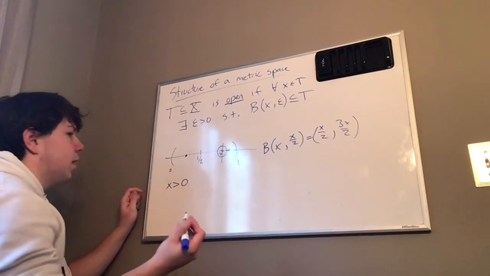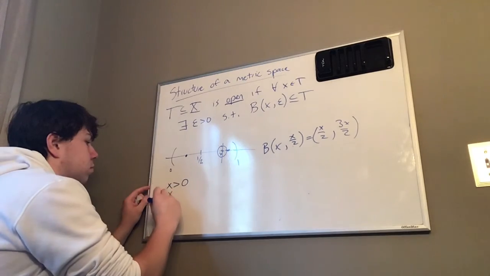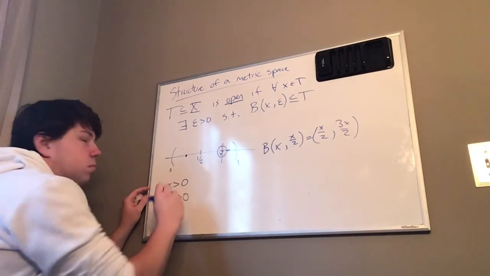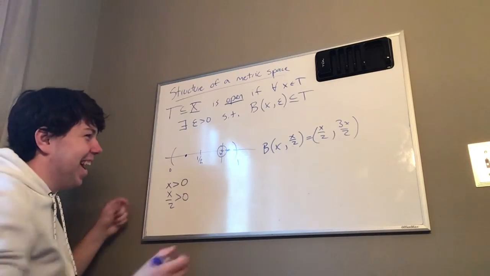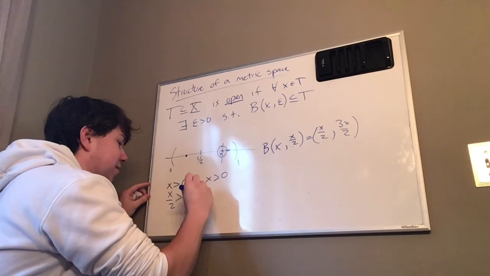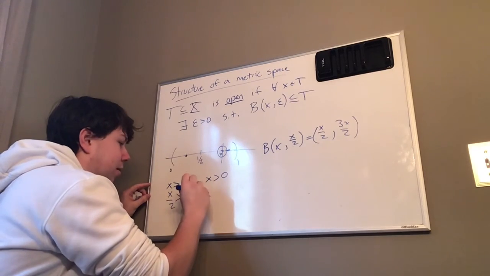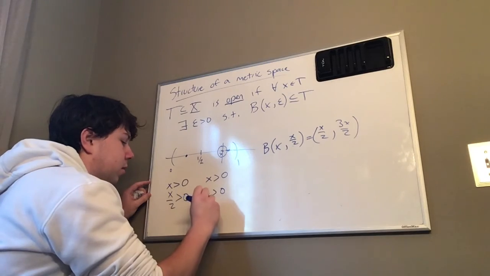That's how we start it. Yep, still more than 0. That's pretty simple. And then the same thing for this one too. It's just x over 2 is more than 0. Yeah, 3x is more than 0. 3x over 2 is more than 0.